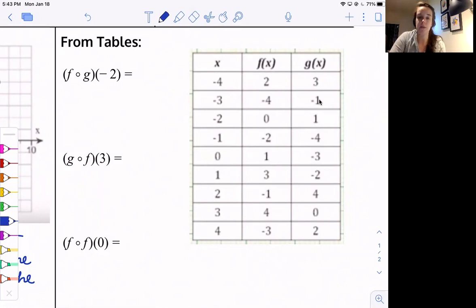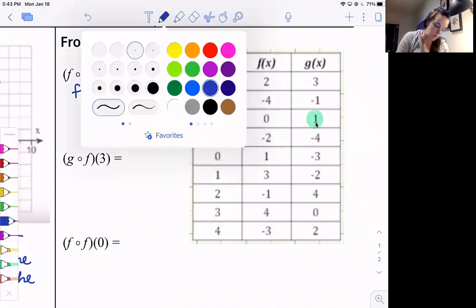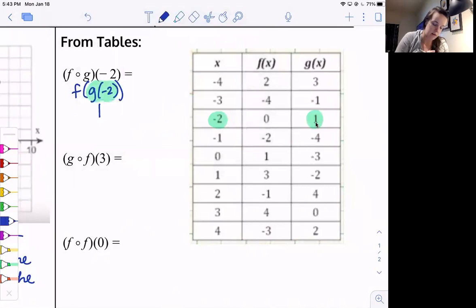Those are individual points. So for this table, I know this means f of g of -2. So it's telling me that my x value is -2. Where is g? So I'm going to find my x value of -2, and the g value there is +1. So g of -2 is 1.